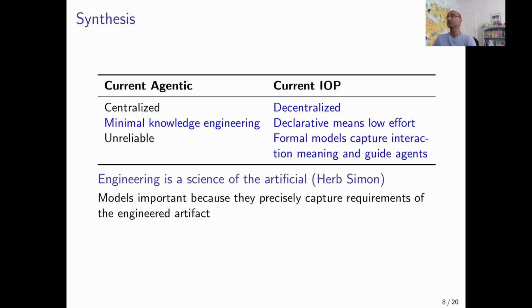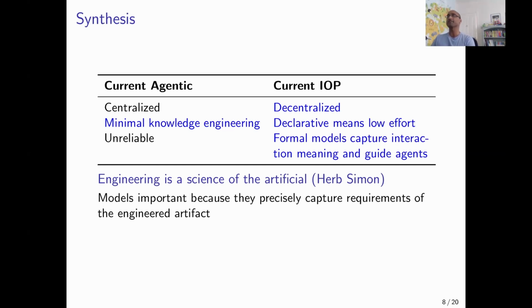What I've highlighted in blue are, I think, the nice things about these paradigms. With current agentic, a nice thing is that it minimizes the knowledge engineering effort. You don't have to write explicit rules anymore. The LLM, based on common sense reasoning and its knowledge, can figure out things unreliably, but it can. That's the main thing about LLMs, right?